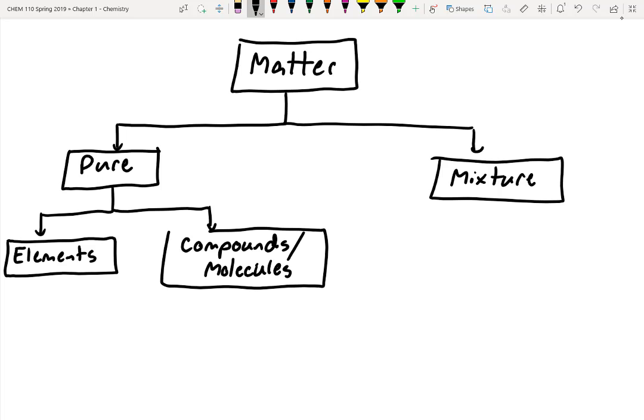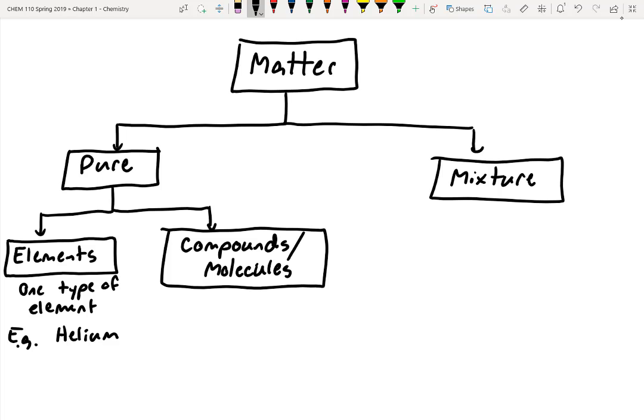And these are a little bit different than a pure element. Over here, we said elements are one type of element. And we said that a good example of this would be helium in a balloon, where helium just hangs out by itself.